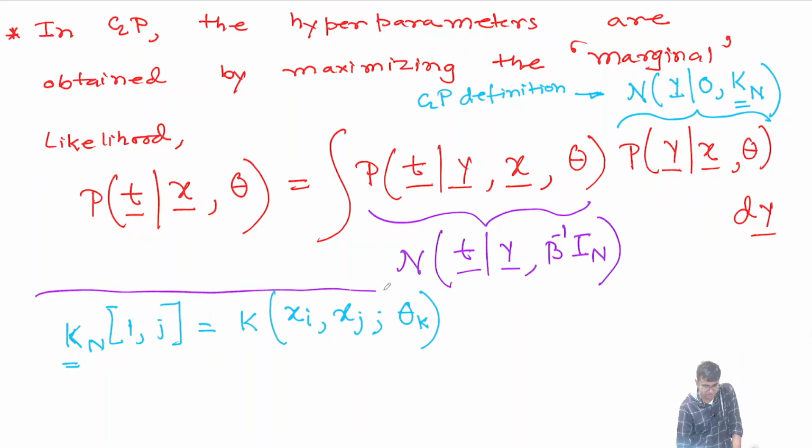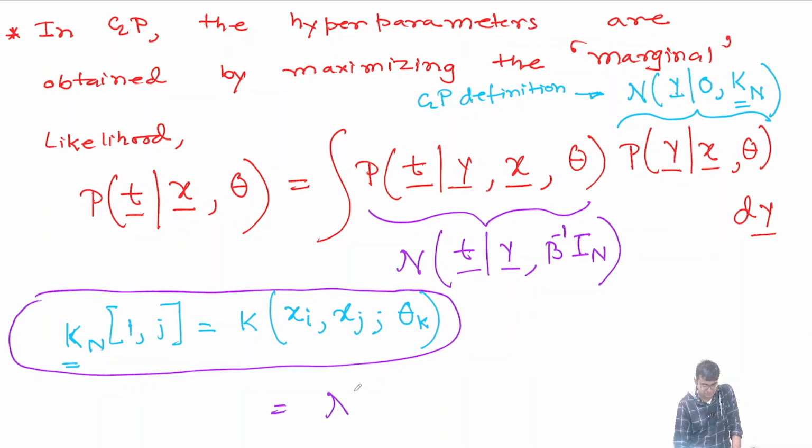I'm going to box it. So now this is equal to a Gaussian. First thing first, the Gaussian is over what? Which variable's distribution are we talking about? Look at the left hand side. T vector. But now you have to give me the mean. What is the mean?